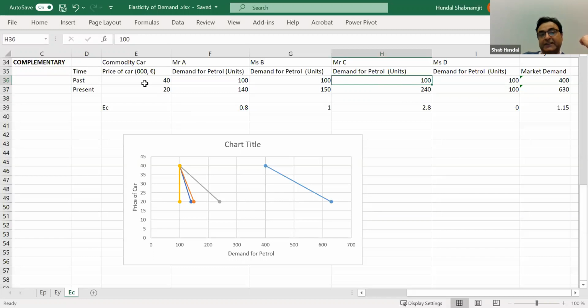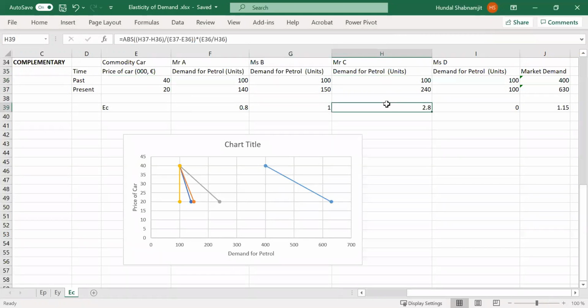So the overall consumption of car increases because the car has become cheaper. Now, if the consumption of car has increased, then obviously you need more petrol to drive. But to be more precise, the demand for car also rises.